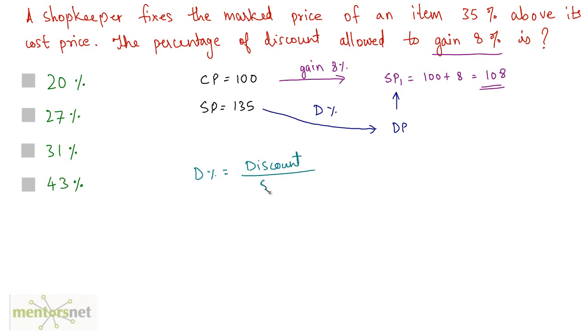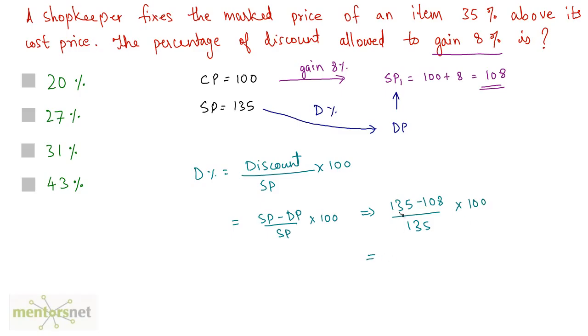So discount upon the selling price times 100. Discount is selling price minus the discounted price. So selling price minus discounted price upon the selling price times 100. So this can be written as selling price 135 minus 108, which is the discounted price, divided by 135 times 100.